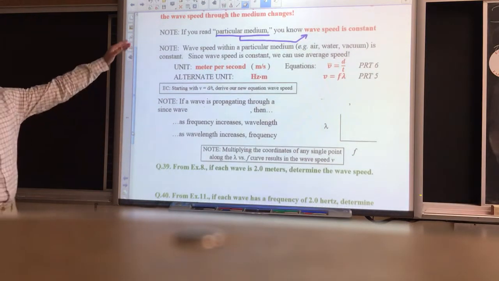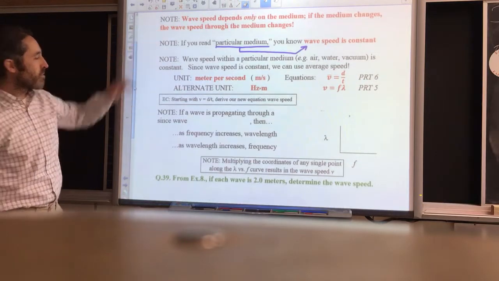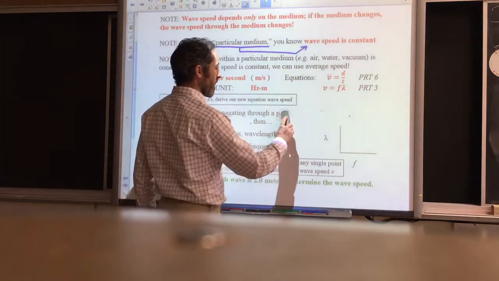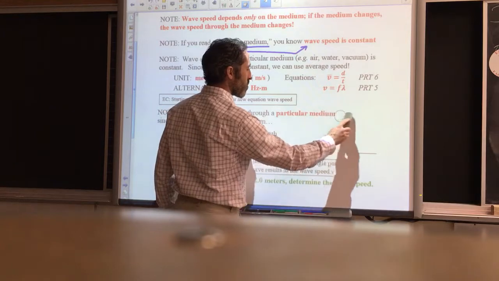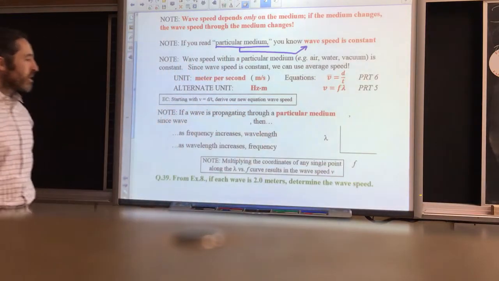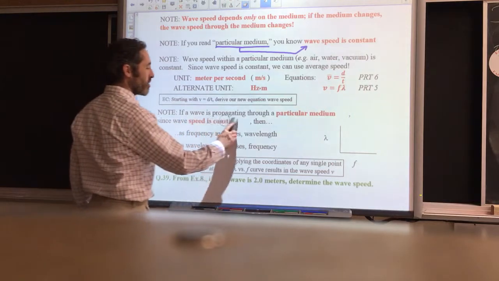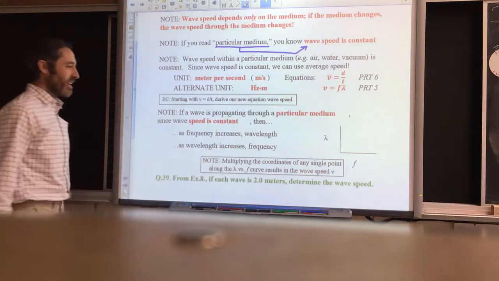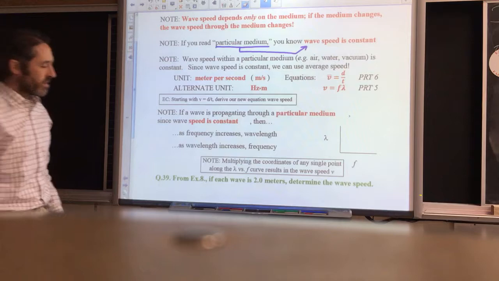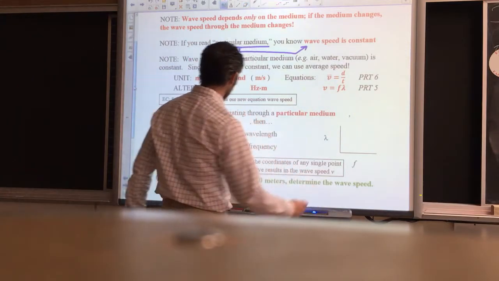So now let's make use of this particular medium business up here. If a wave is propagating, traveling, transmitting through a particular medium, there's that phrase, particular medium. What's that mean? Particular medium, since wave speed is constant, then, well, we have an equation.